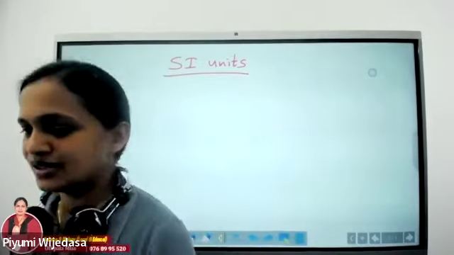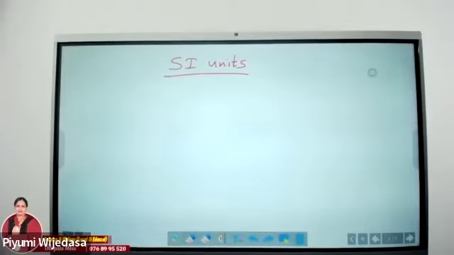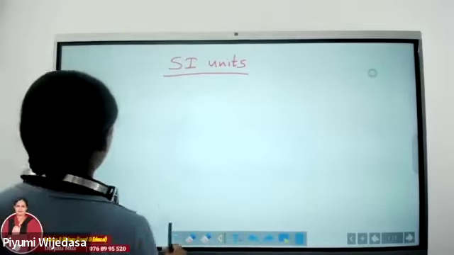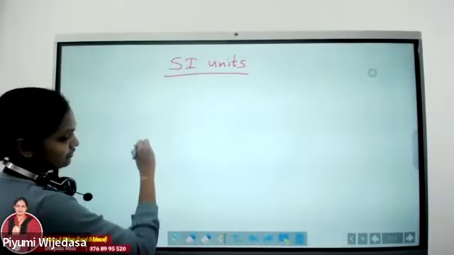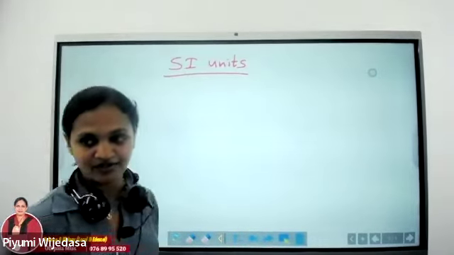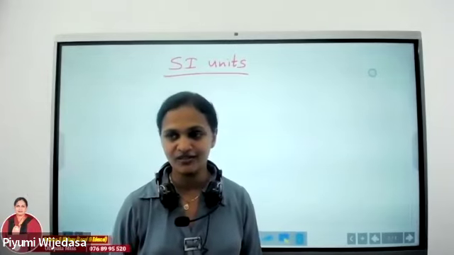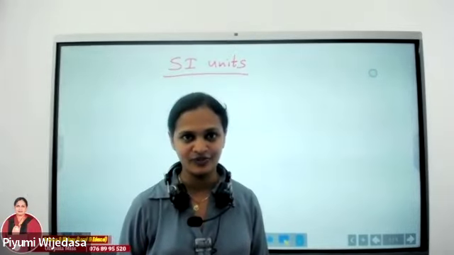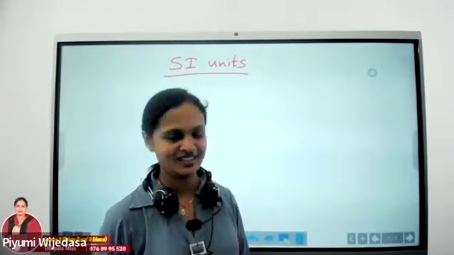We all have to use only one unit, right? And now I will mention certain physical quantities. So you have to say what is the SI unit used to measure these. Okay?